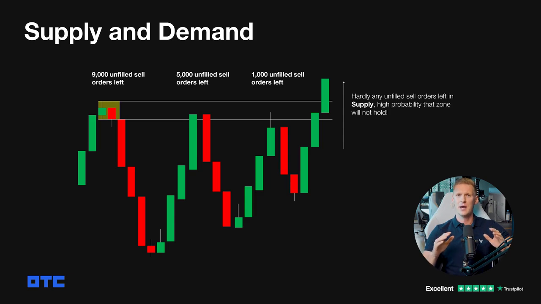Price does come back and then it drops, confirming our supply zone. Here's the key takeaway. Each time price returns, more of those unfilled sell orders become filled. So the number of unfilled orders decreases. As a result, the odds of another strong drop go down each time price revisits that same level.